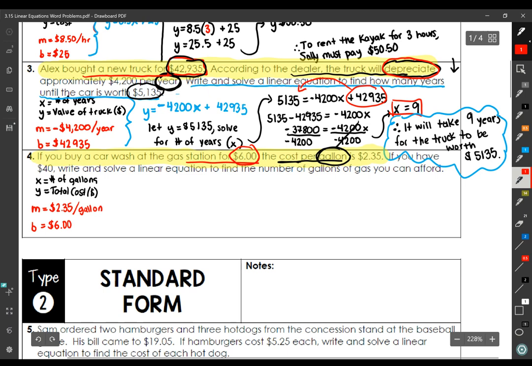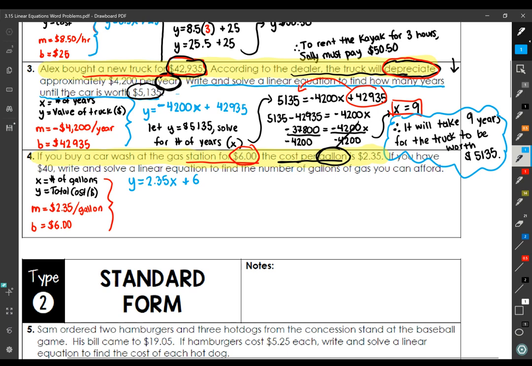Okay, so again, let's use this information to create our equation. Y is equal to 2.35 times X plus that $6. Okay? So let's go over the second part of the problem again. If you have $40, write and solve an equation to find the number of gallons of gas.